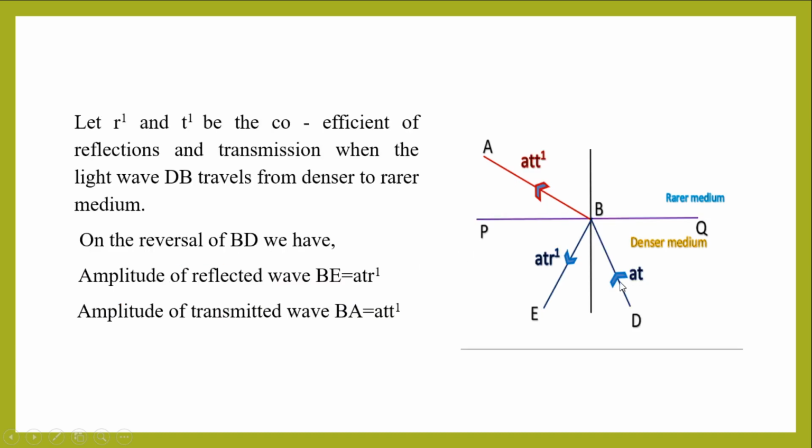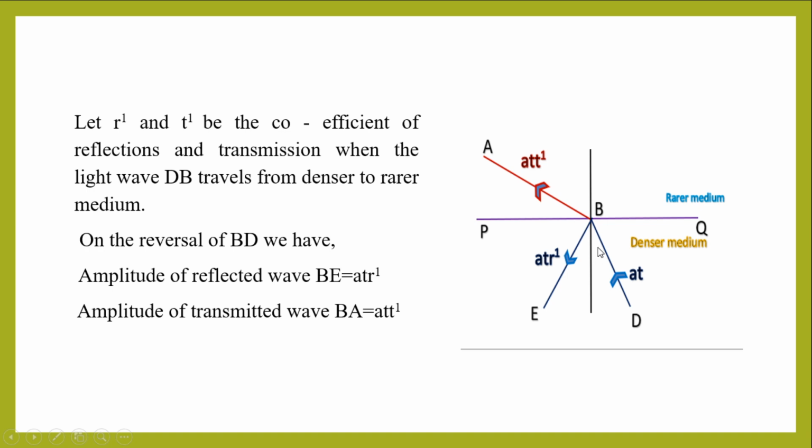Similarly, when the transmitted light is reversed, if light travels from denser to rarer medium, let R dash be the coefficient of reflected light and T dash be the coefficient of transmitted light. Here BD is the incident light, its amplitude is AT. Some part of light will be reflected in the same medium and some part of light will be refracted in the another medium.